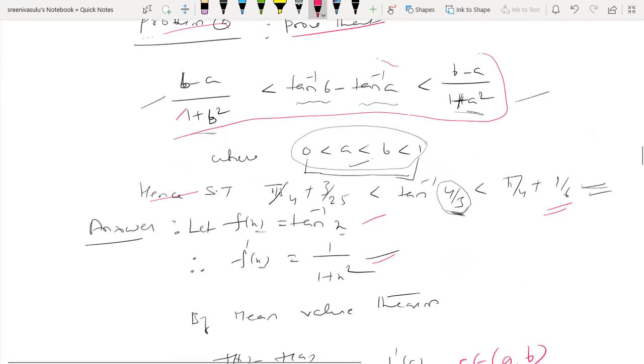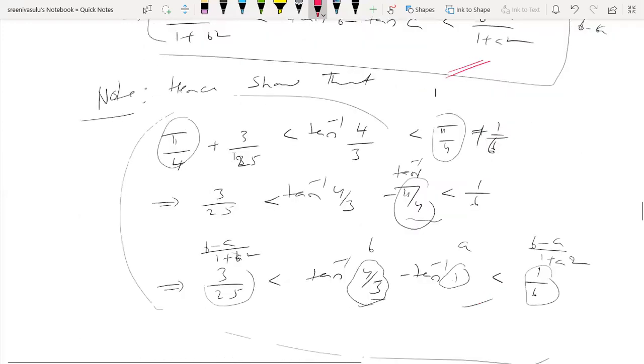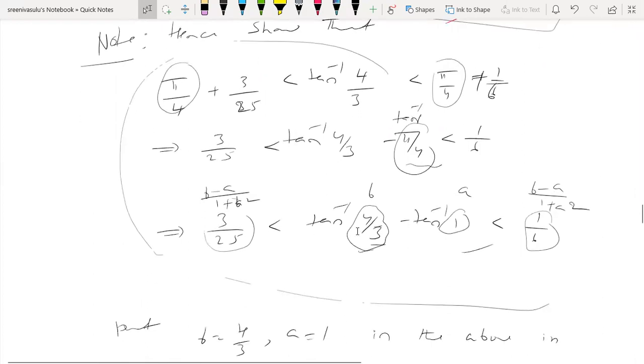That's why π/4 is sent to the middle. We want to show that 3/25 less than tan⁻¹(4/3) − π/4 less than 1/6, subtracting π/4 from the inequality. The value π/4 is nothing but tan⁻¹1. That means you always convert into our required format. This is our intention.